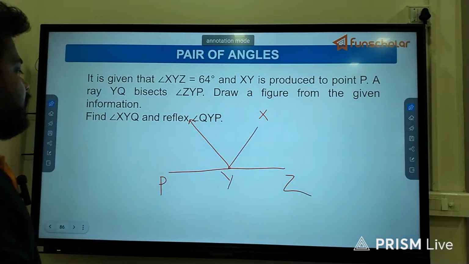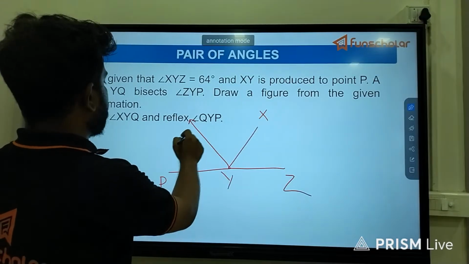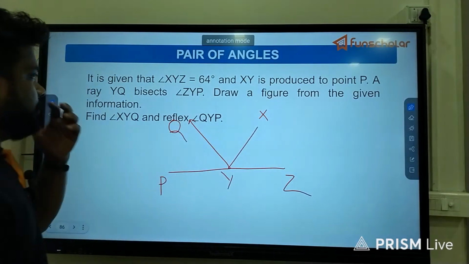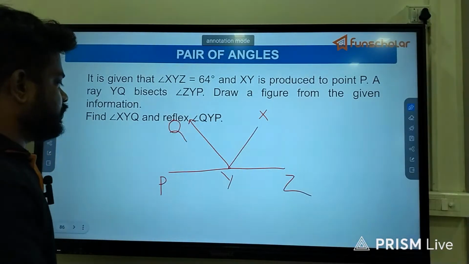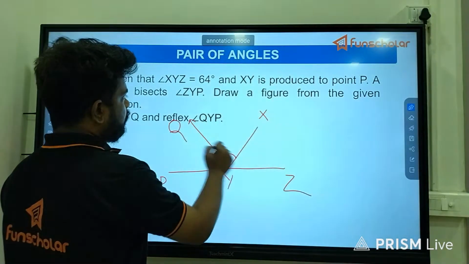So the figure has been drawn and we have to find XYQ. So this angle you have to find.